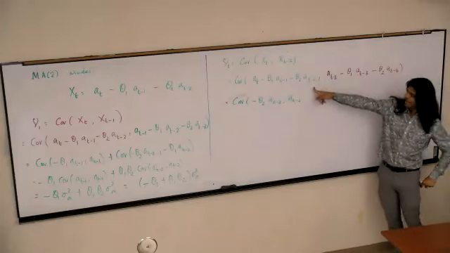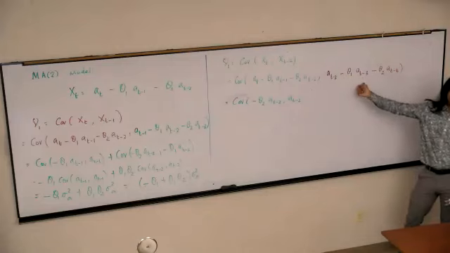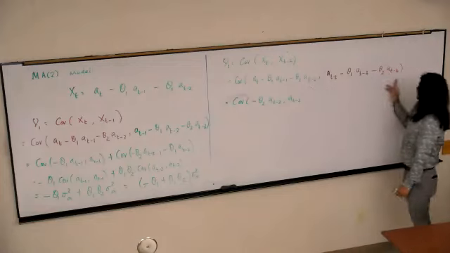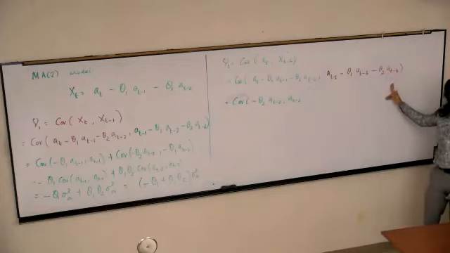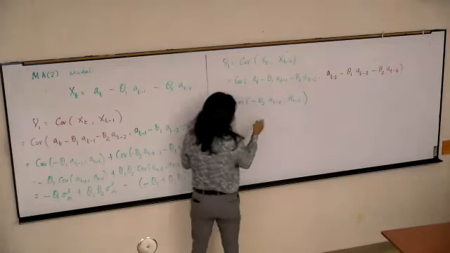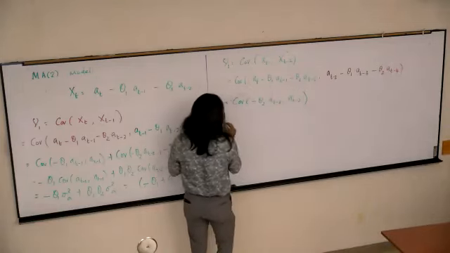Connection between a_t minus 2 and a_t minus 3? No correlation, 0. a_t minus 2, a_t minus 4? No correlation, 0. We have a negative theta 2, so we can pull that out.